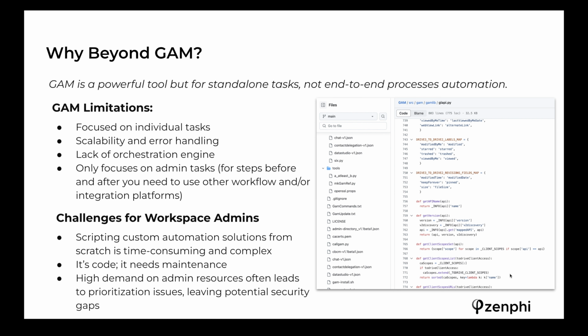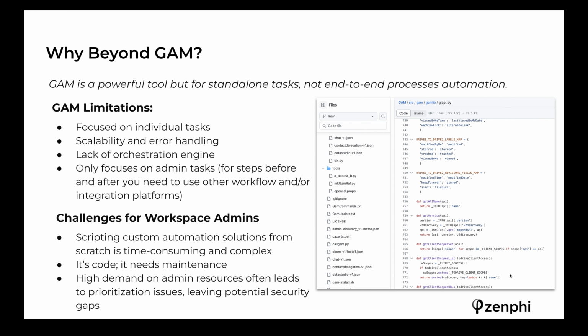There are things that need to happen before and after, and most probably you need to talk to other systems within Google Workspace, be it Google Sheets, Google Doc, or outside of Google Workspace. Maybe you use Asana or you use Jira, or even assigning a task to a human to take an action when you find something which does not really make sense. So it doesn't have that orchestration engine.